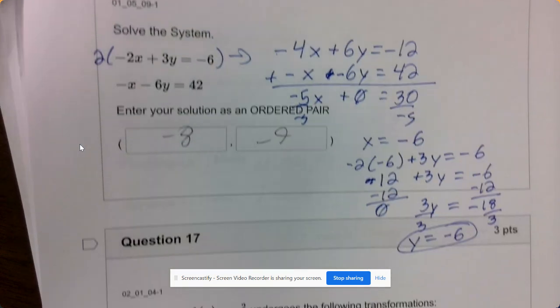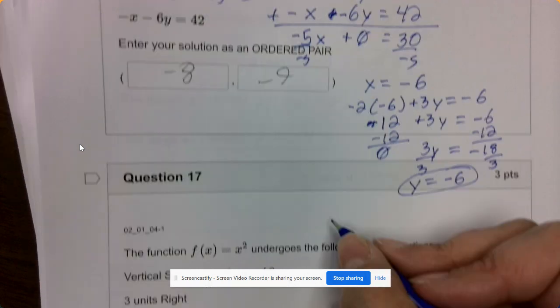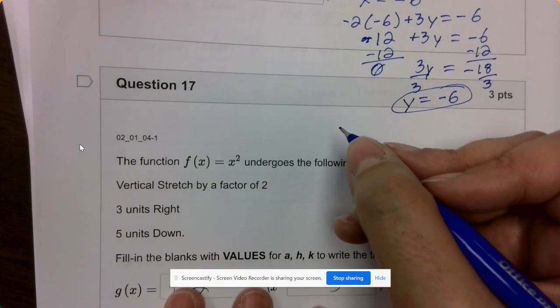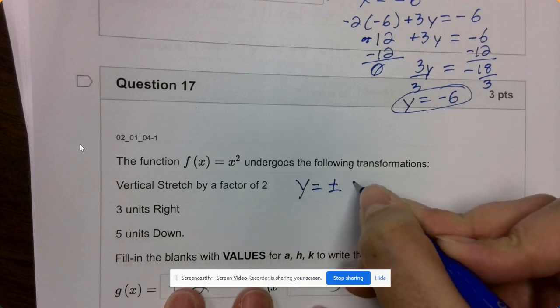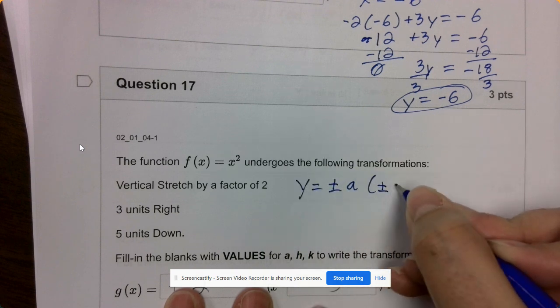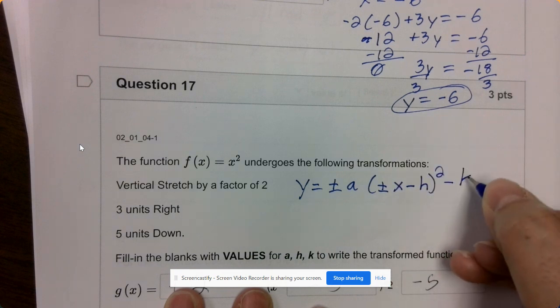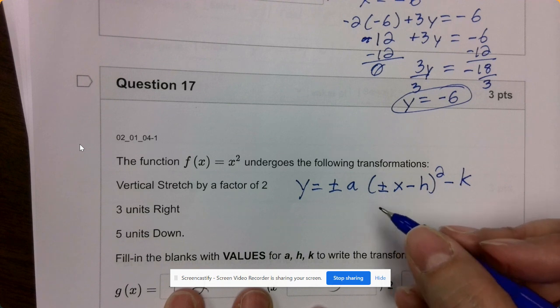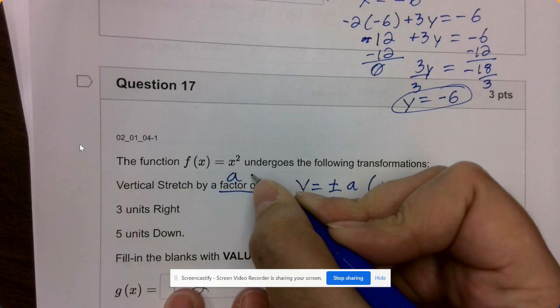Okay, so on this one, everybody, we're going to write the function. So remember with our transformations for these, everybody, we want to do y is equal to plus or minus a, x minus h squared plus or minus k. Okay, so vertical stretch by a factor of 2. That means that this, everybody, is a.